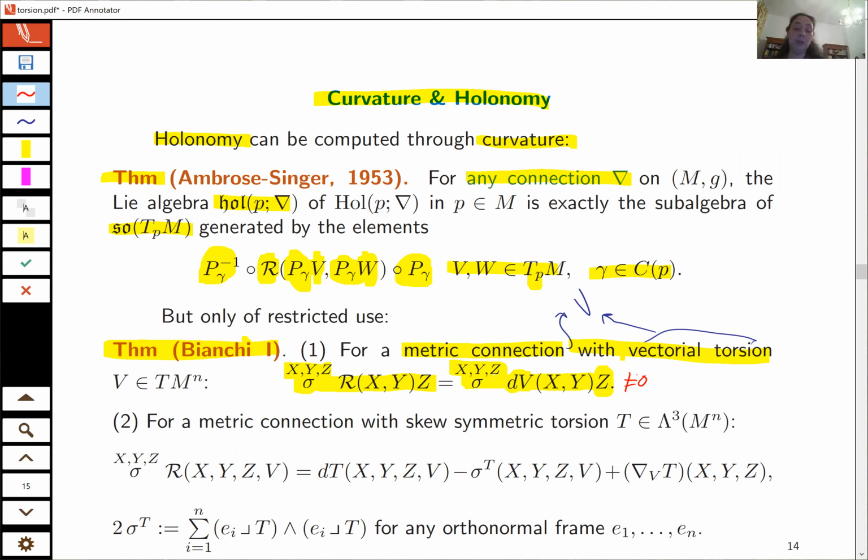Similarly, you can compute the Bianchi identity for a metric connection which now has a torsion being a three-form, so with skew-symmetric torsion.